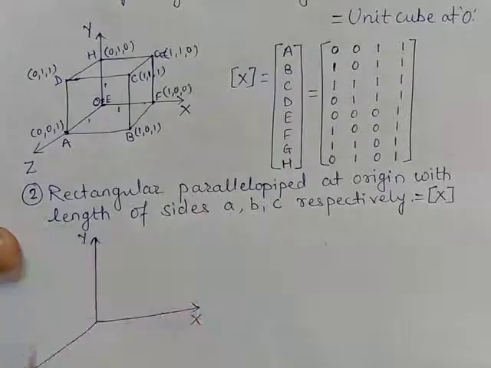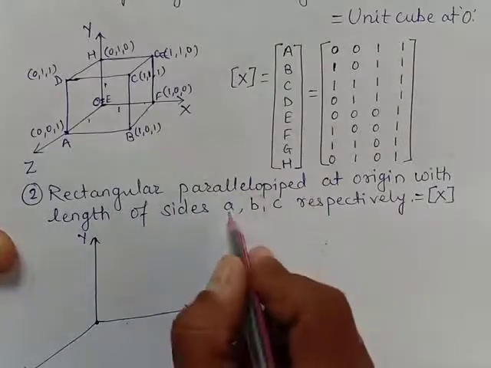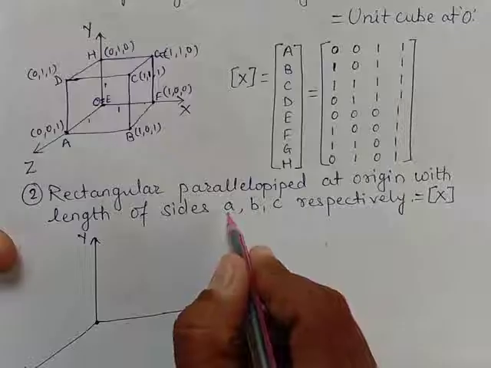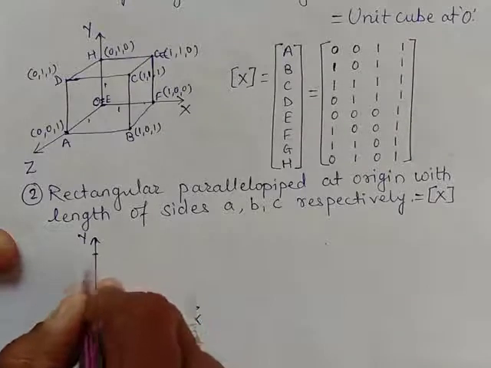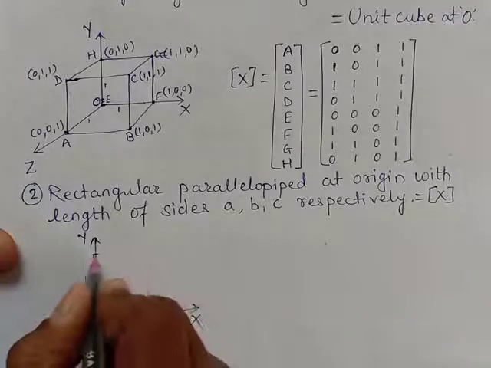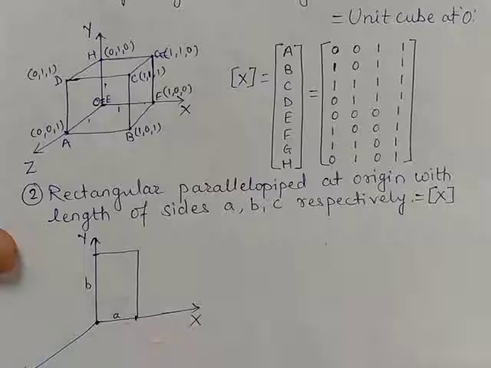X-axis, Y-axis and Z-axis, suppose. So now the rectangular parallelepiped: on x-axis it is A unit. Suppose this much is A unit. On y-axis it is B unit. Let it be B unit, this much.